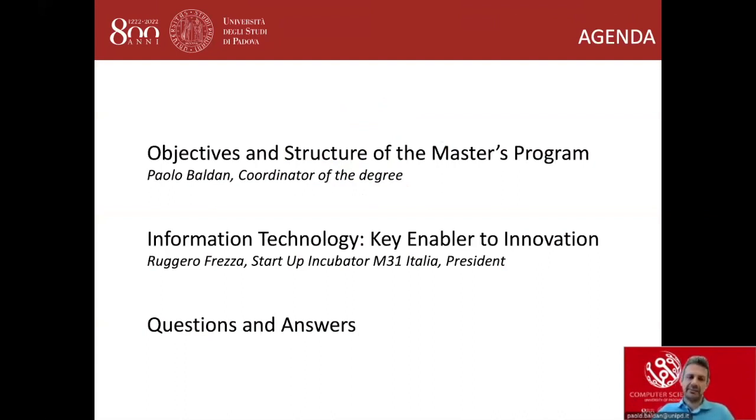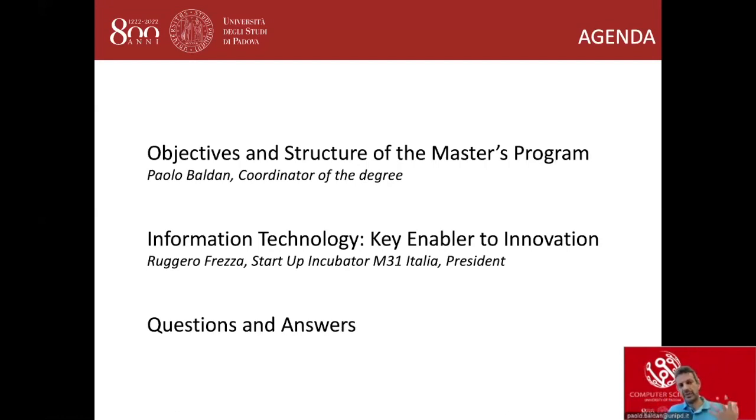I will be presenting in a succinct way the objectives and structure of the master's program. And you will see that one key feature of our master's program is that it is very much focused on innovation. For this reason, I am very glad to have a special guest, Ruggero, who is the founder and president of the startup incubator M31, who will bring his authoritative and very expert view on innovation.